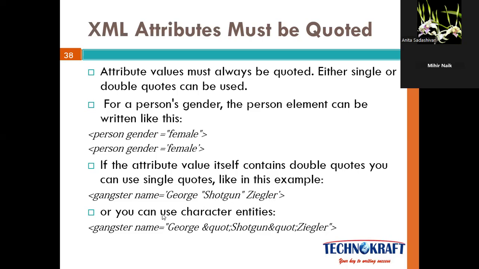Or you can use the character entities. For the gangster name, instead of quotes, you're using &quot;Shotgun&quot; Ziegler.